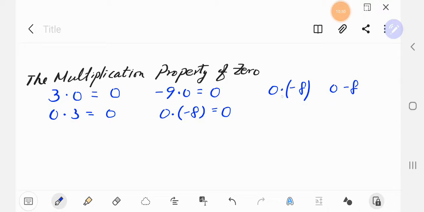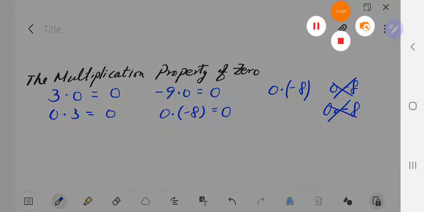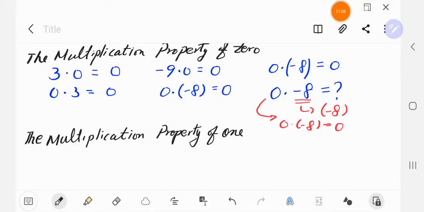We know this is the product of 0 and negative 8, but if we write it the other way, sometimes it's confusing. Is it 0 minus 8 or something? So please avoid writing an expression like this. Make sure that when you are multiplying by a negative number, you put parentheses.